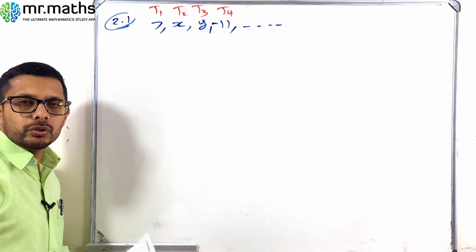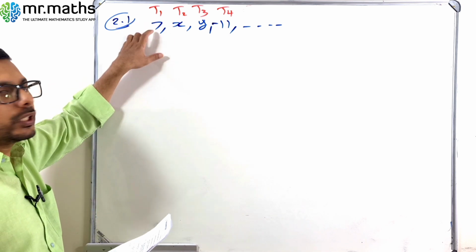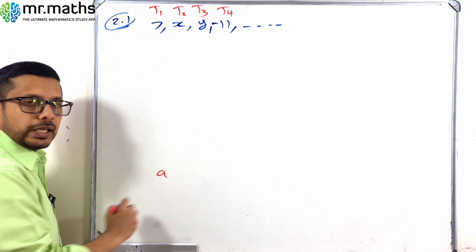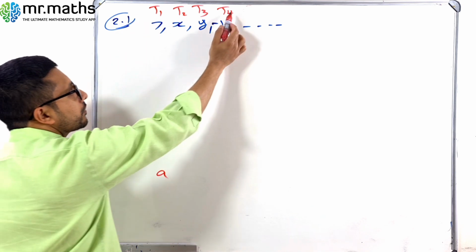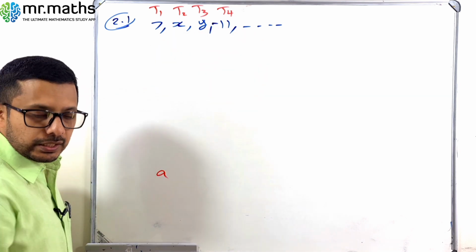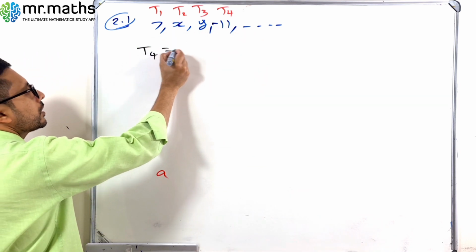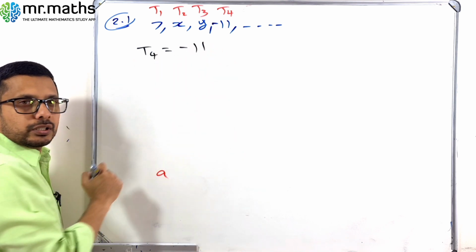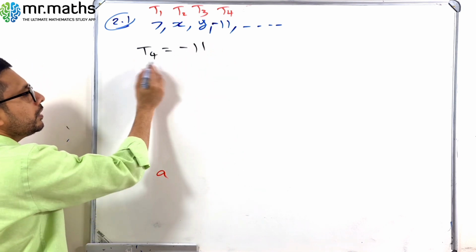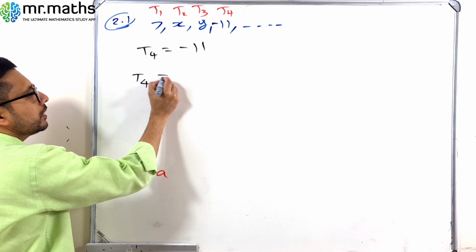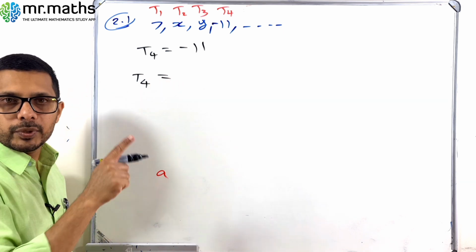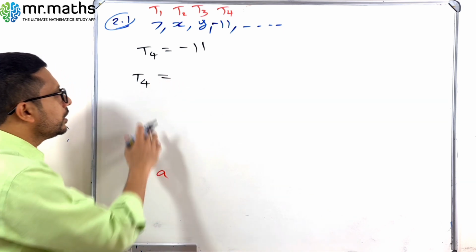I already told you, the first term we normally represent with the small letter a, am I right? And the fourth term is minus 11. T4 is minus 11, am I right? It is given in the question that this is an arithmetic sequence. So how can we write T4?